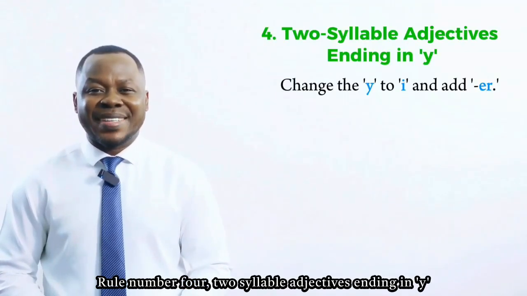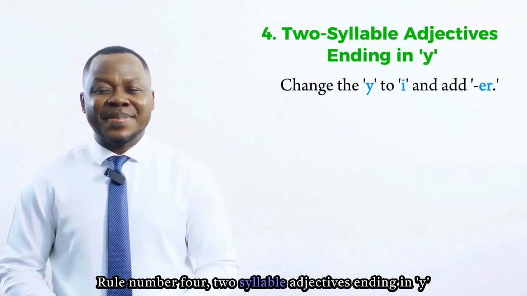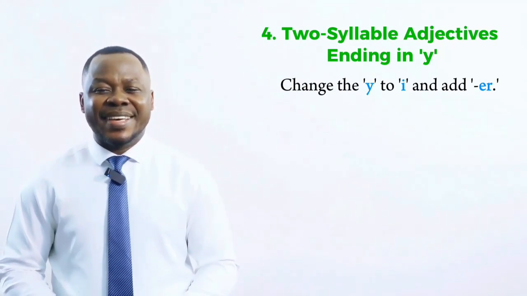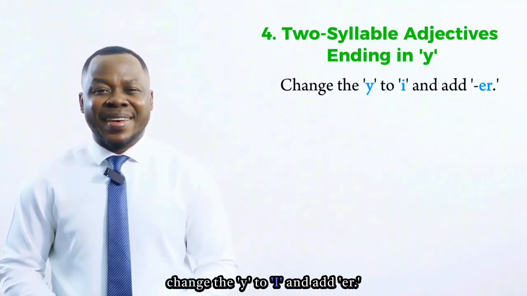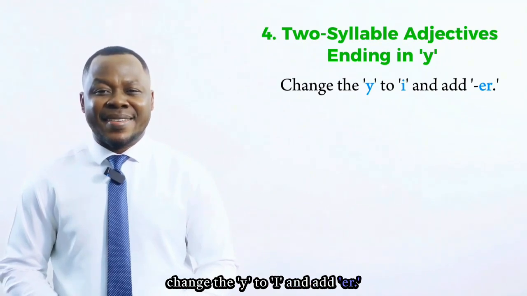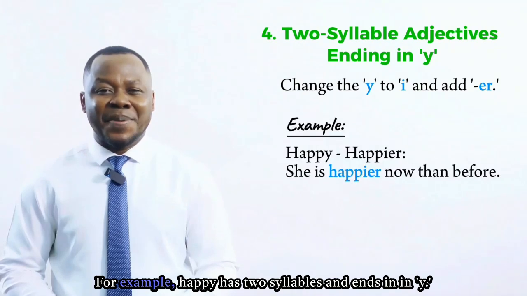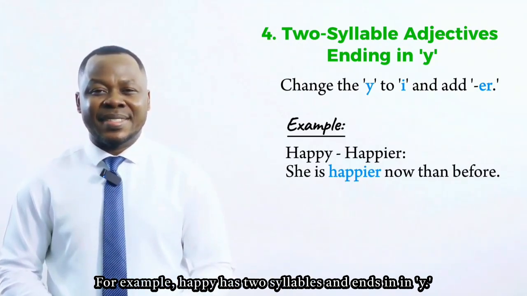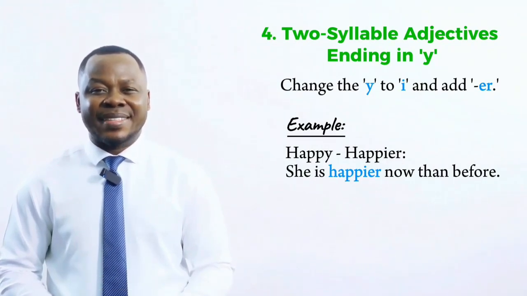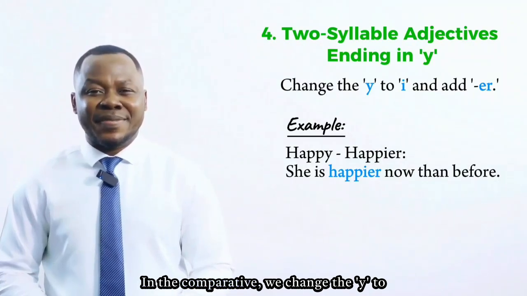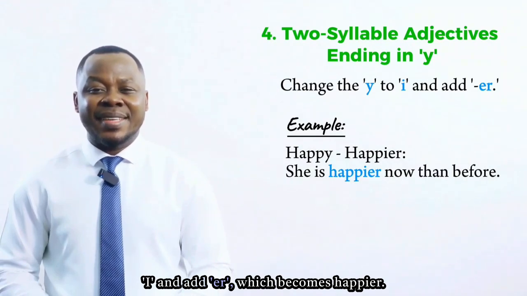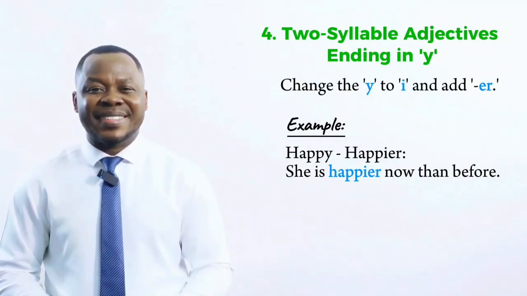Rule number 4. Two-syllable adjectives ending in Y. Change the Y to I and add ER. For example, happy has two syllables and ends in Y. In the comparative, we change the Y to I and add ER, which becomes happier.